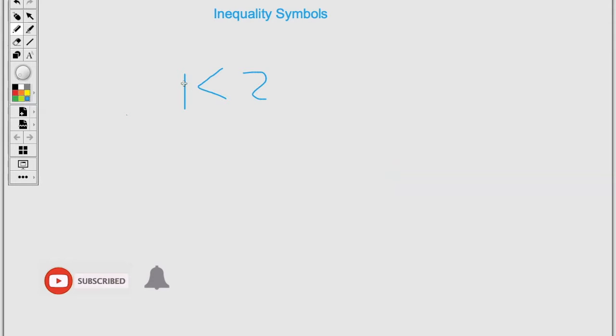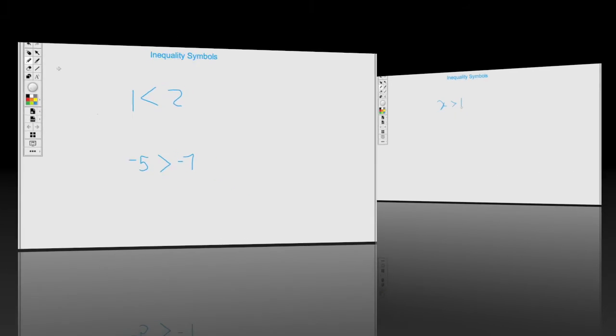So this is saying 1 is smaller than 2, or I can read it like this to say 2 is greater than 1. This is saying -5 is greater than -7, or we can say -7 is less than -5.